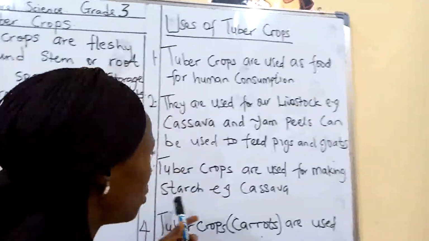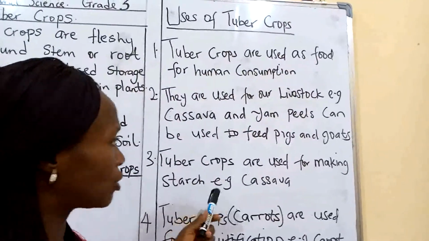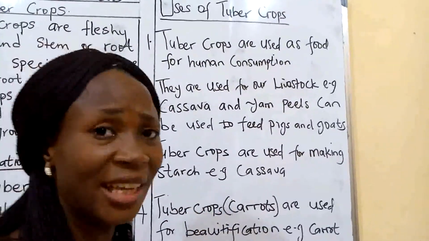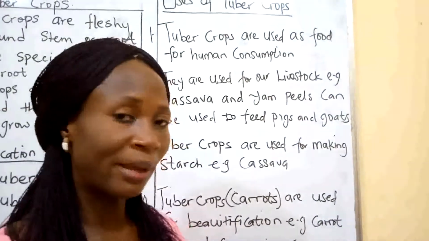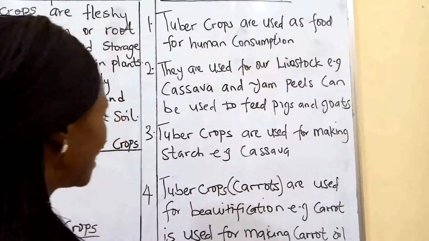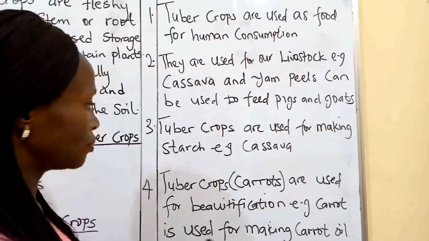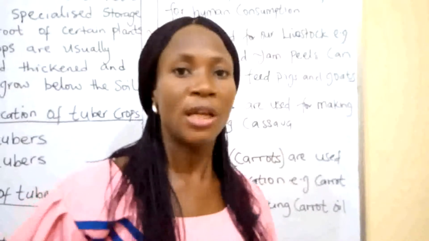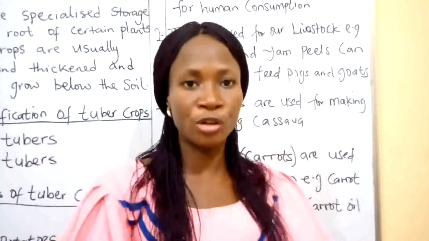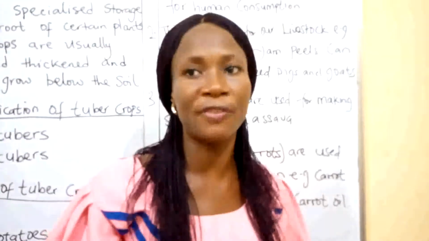The third one here, tuber crops are used for making starch. We use our cassava to make starch. Then last but not the least, tuber crops are used for beautification. The oil we get from carrot, we rub it as a cream and it beautifies us.